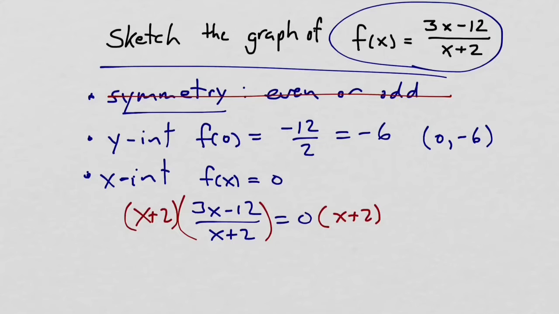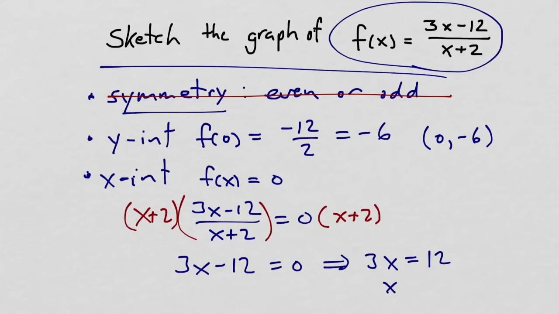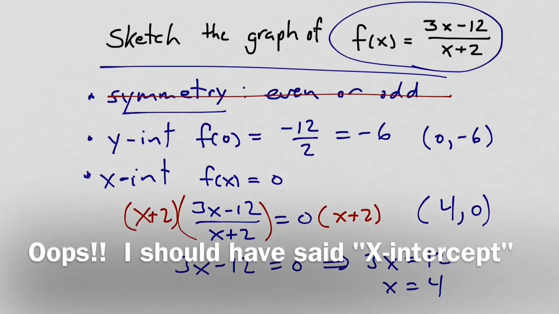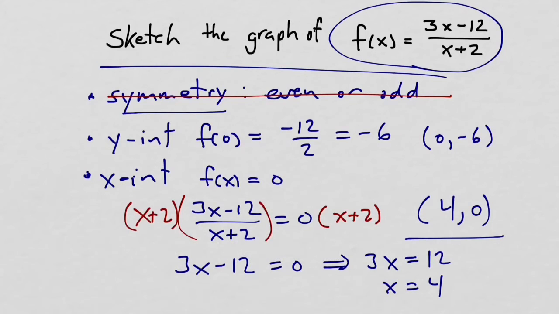So we end up with a simpler form of the equation, 3x minus 12 equals 0. But of course that gives us 3x equals 12, so x equals 4. So there's only one x-intercept at 4, 0. So that's some nice information.